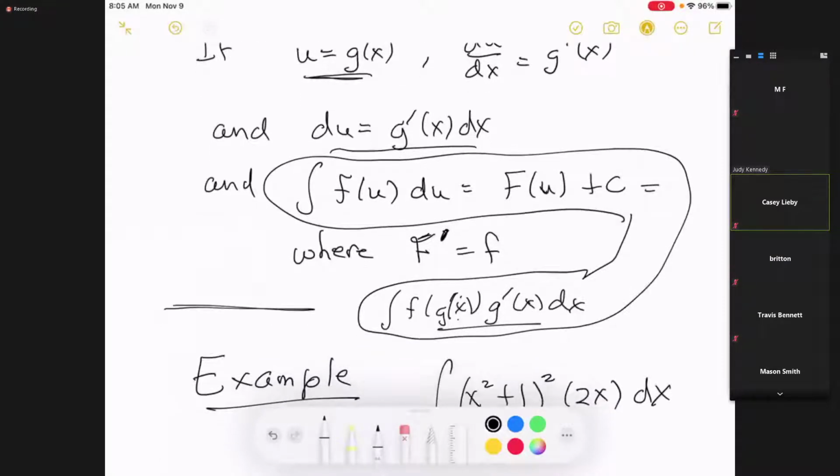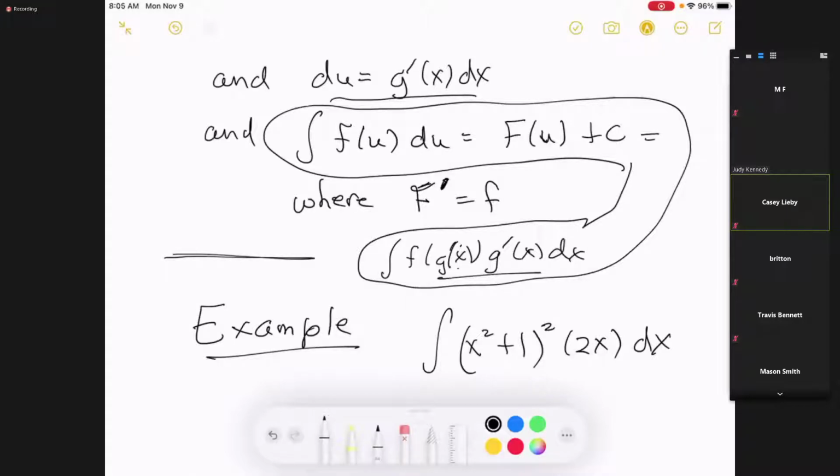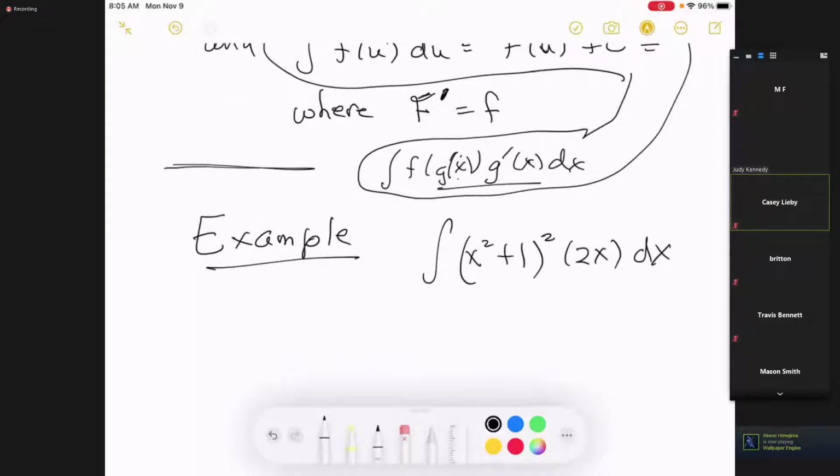We looked at some problems on Wednesday, but here's an example that's perfectly set up for u-substitution. You've got x squared plus 1, and that whole thing's being squared. And then you've got the derivative of x squared plus 1 sitting there for you, that 2x dx.